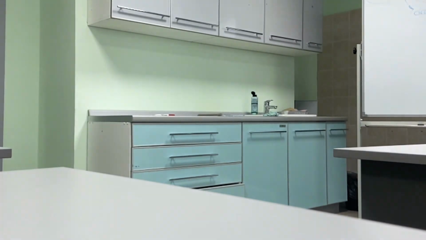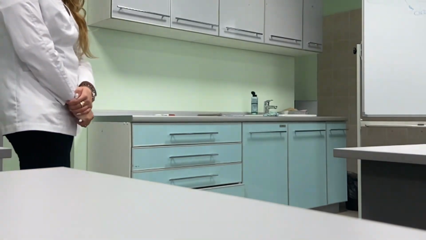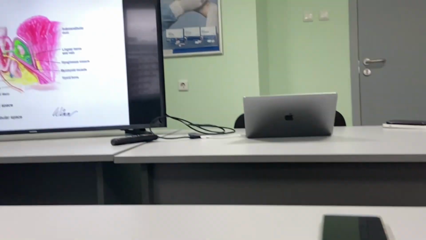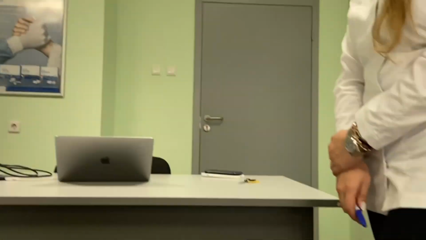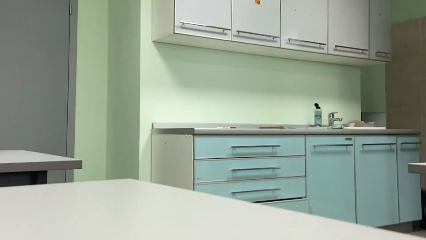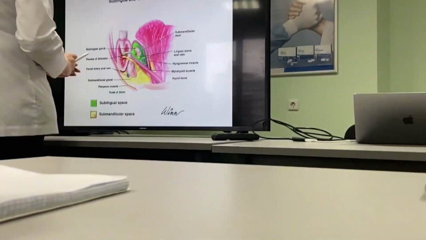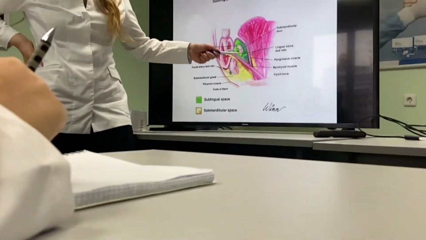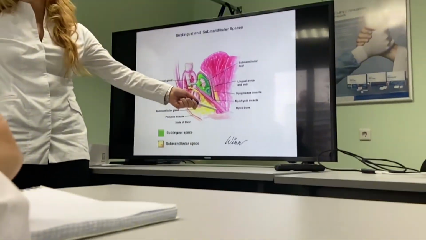You can see the green one is the sublingual, the yellow is submandibular. Can you see how close the relationship is between these two? Only the mylohyoid muscle.